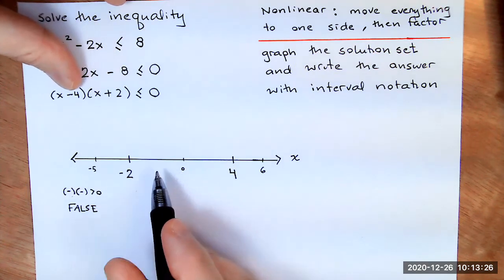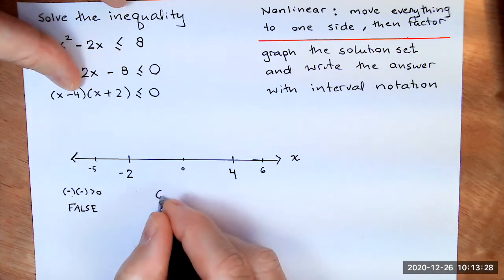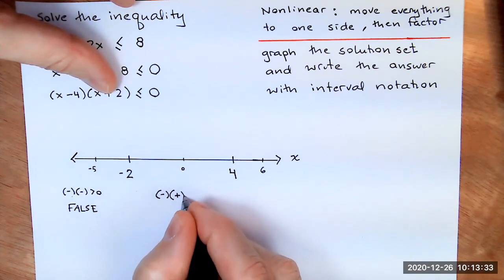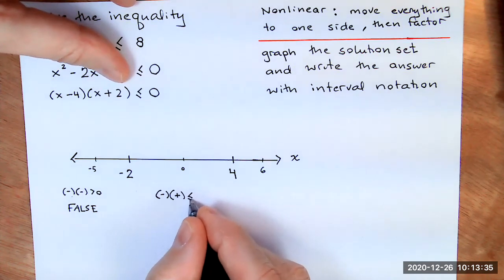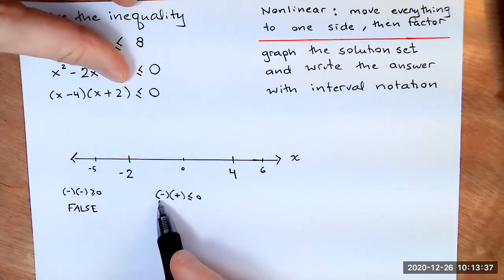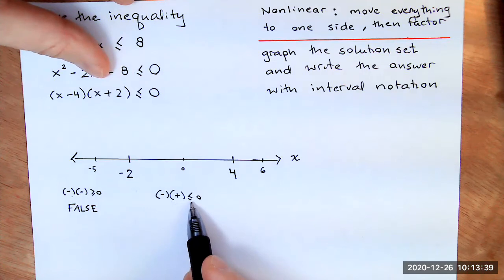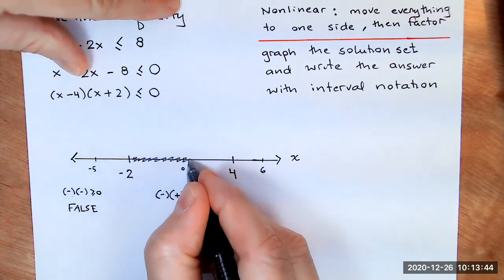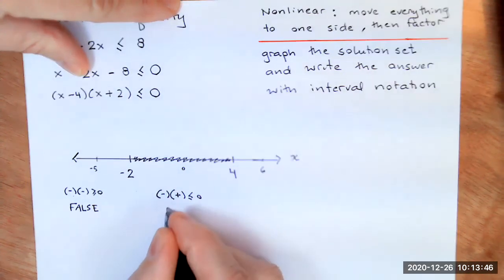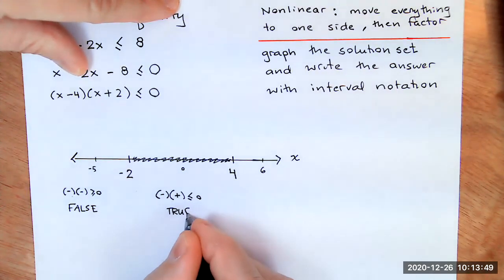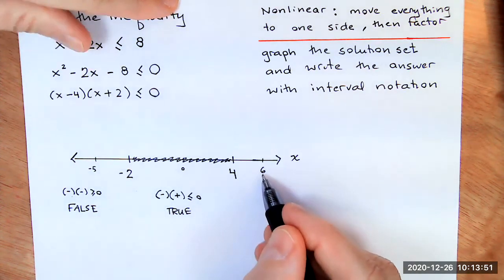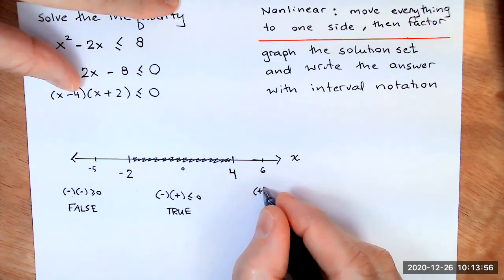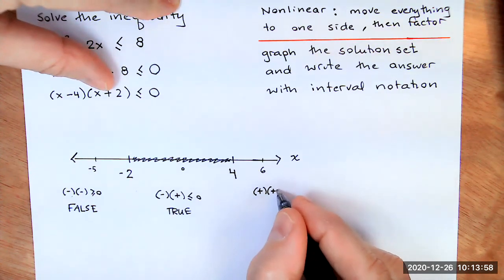Let's plug in 0. 0 makes that first factor negative and the second factor positive. A positive times a negative is less than 0. So these numbers are included in the solution set. Then we put in 6. If I put in 6 here, that'll be positive, and this will be positive.